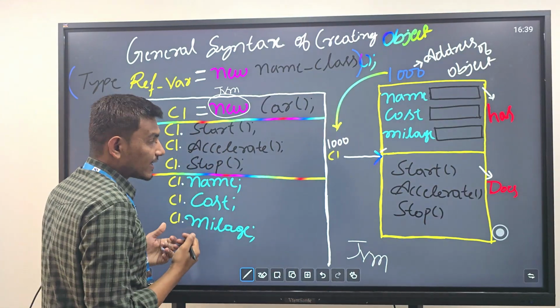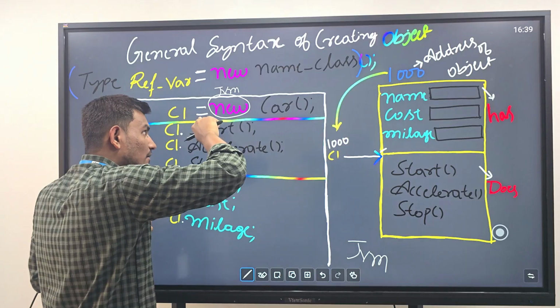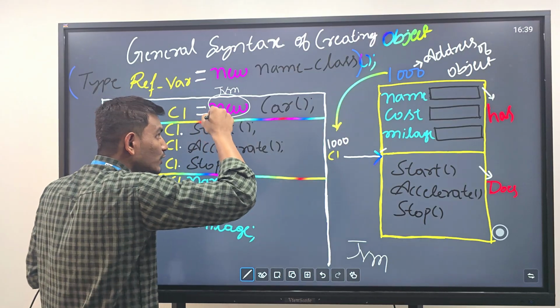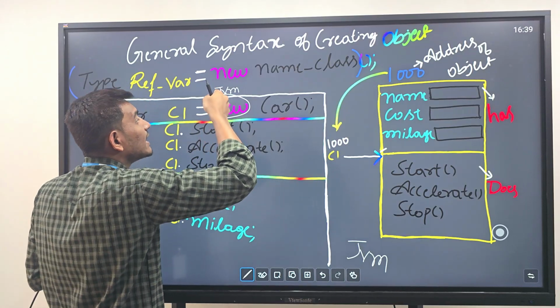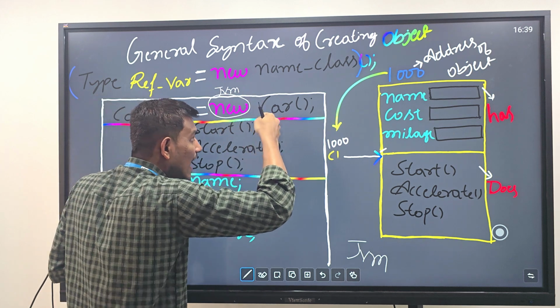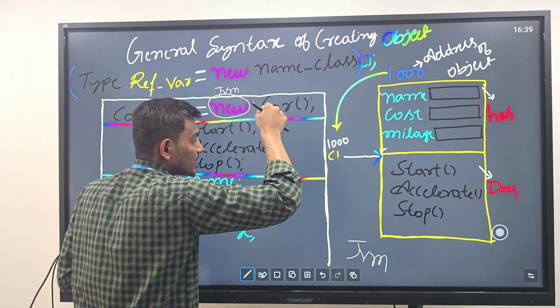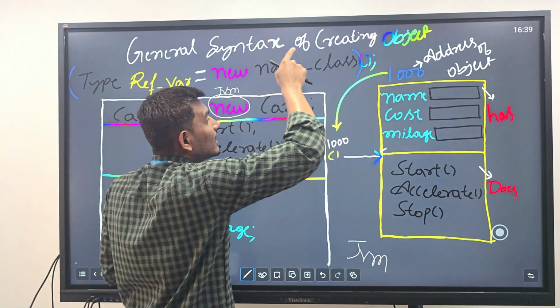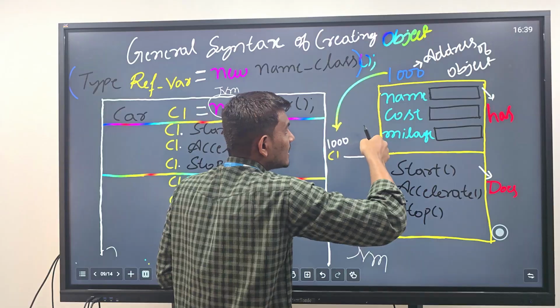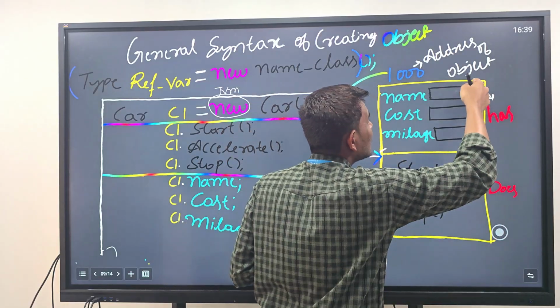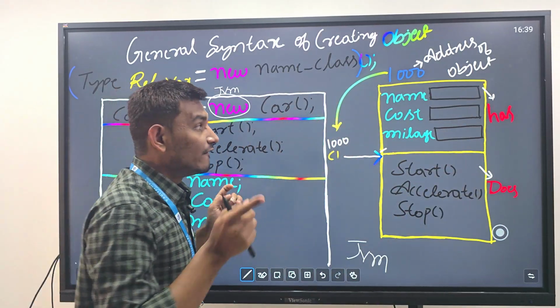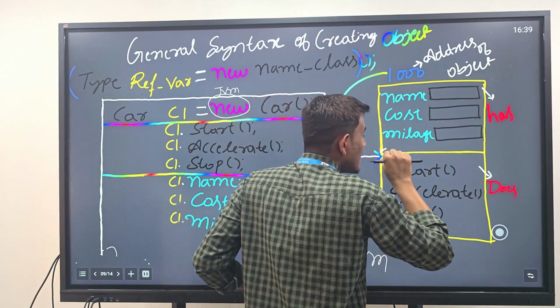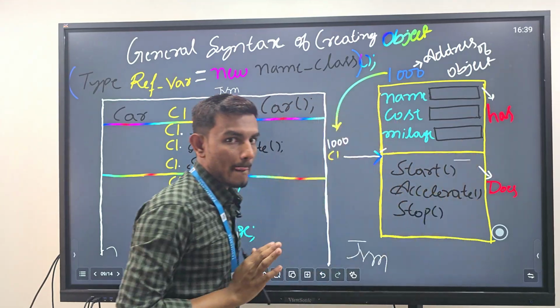Guys, I'll repeat once more. Assignment operator, right hand side, new keyword. JVM will get activated. By looking at the class called car, the class which is specified, the JVM will create the object like the rectangle shape, which has an imaginary line in between.